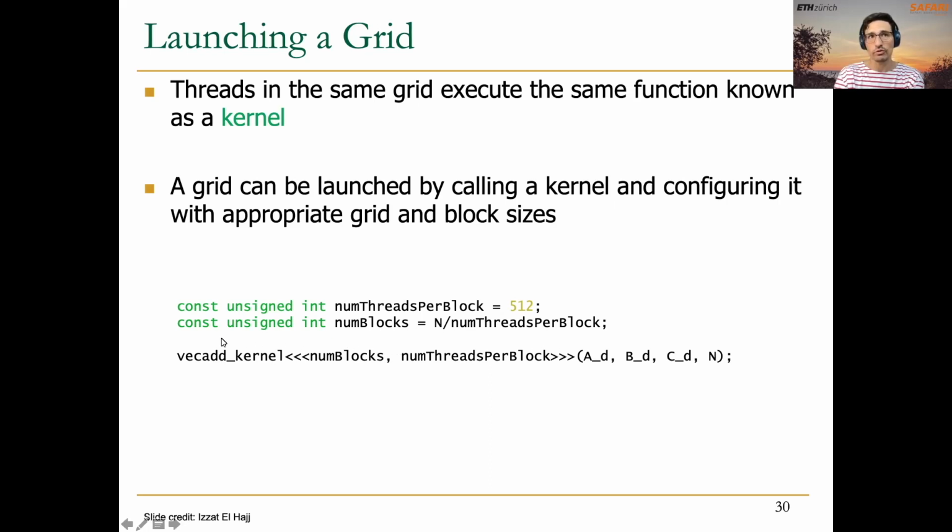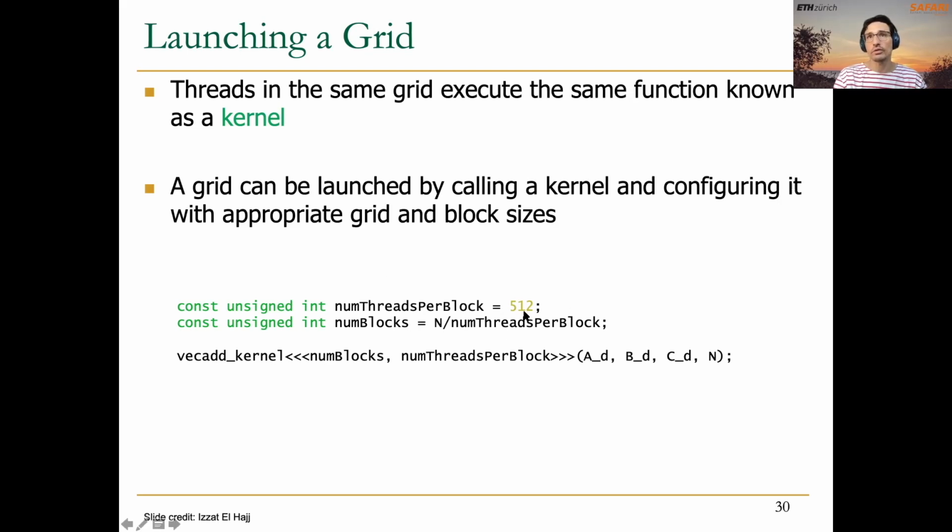As you have seen before, in the kernel call we will have the number of blocks that are going to be launched on the GPU hardware and the number of threads per block. Normally, these numbers are going to be a function of the amount of data that we want to process. For example, in the vector addition kernel, we have n elements, and we want to assign one element-wise addition to each of the threads.